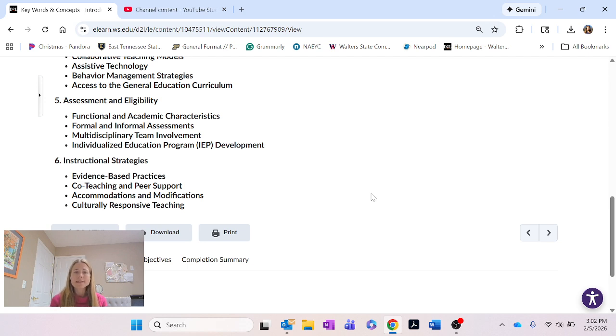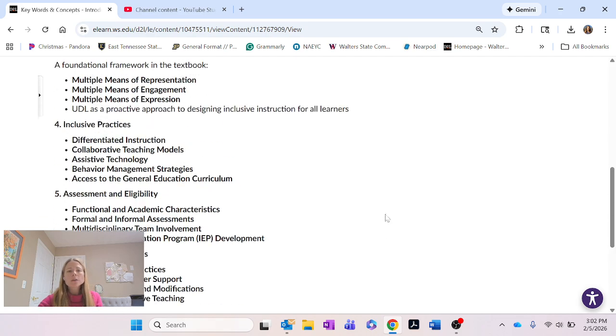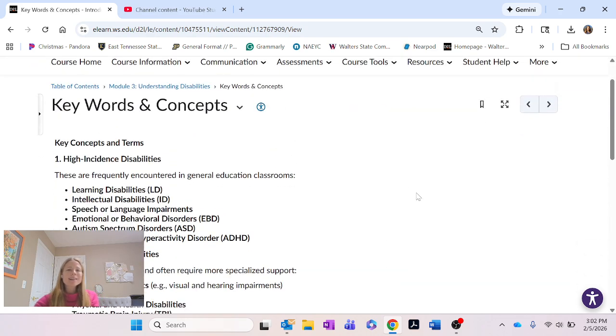Those usually go hand in hand. Accommodations and modifications. You will see this a lot with students in inclusive classrooms or students who have IEPs or 504s. And then what is culturally responsive teaching? What does that look like as a strategy when we're doing instruction? So really, we're going to be focusing on these concepts when we're reading our two chapters.